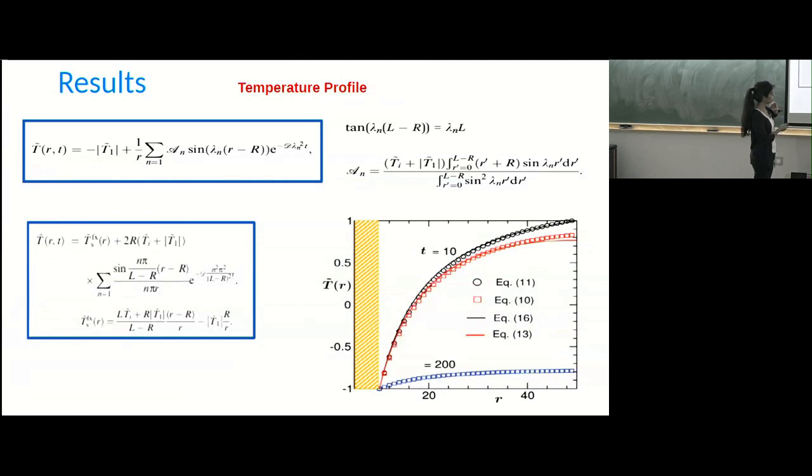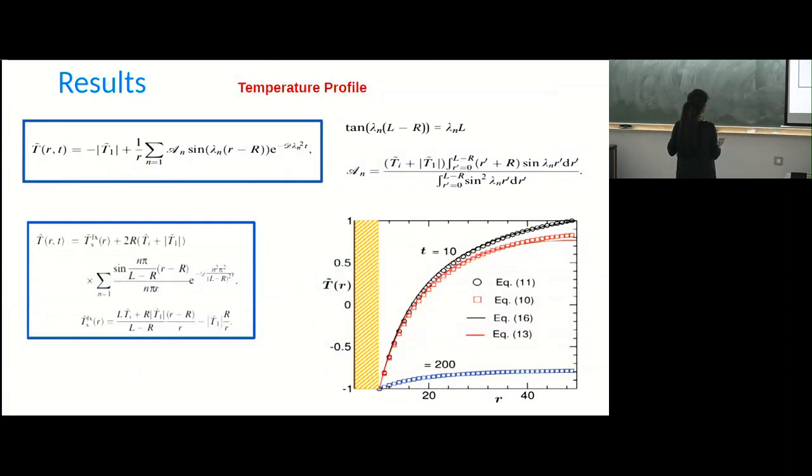Here is basically your colloid surface, where we quenched it to a temperature -1, and far away from the colloid it's still at a high temperature 1. You have a strong temperature gradient in the system. As time progresses, the gradient decreases, until in the steady state you have a temperature profile equal to T1, the quench temperature, everywhere in the system.